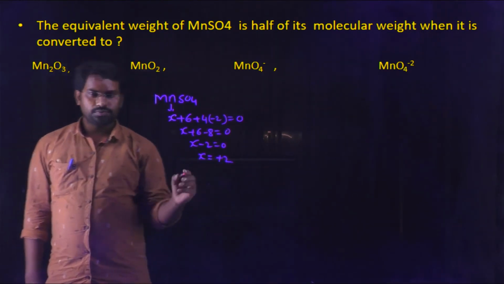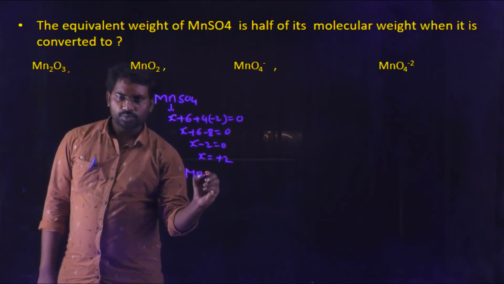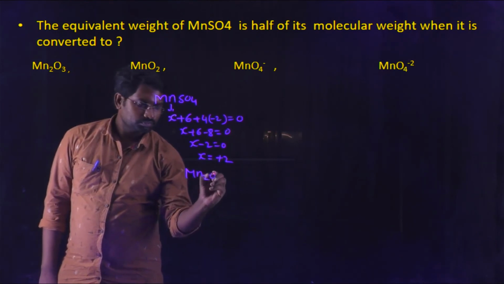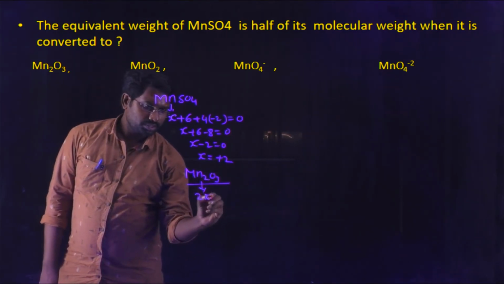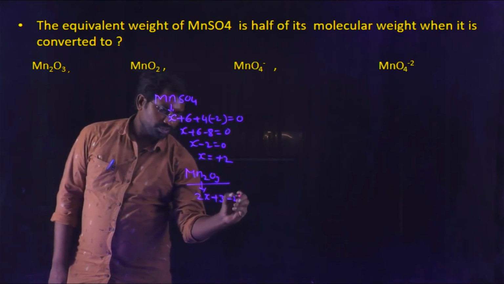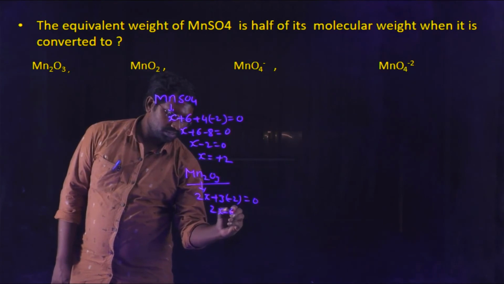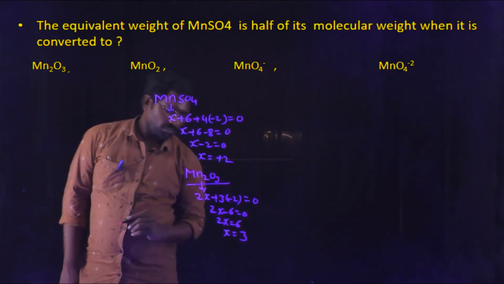Now come to the first option, Mn2O3: 2x plus 3 into minus 2 is equal to 0, 2x minus 6 is equal to 0, 2x is equal to 6, x is equal to 3.